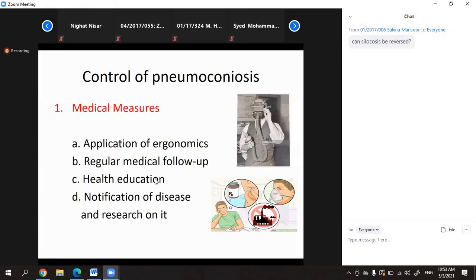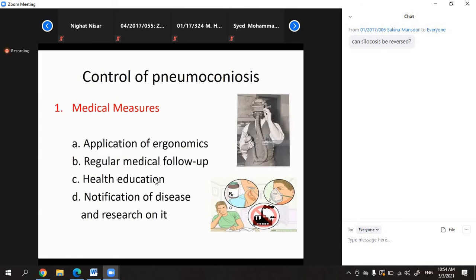The job is fit for the workers. So with the application of ergonomics, you can provide preventive measures according to the job and the needs of the workers.